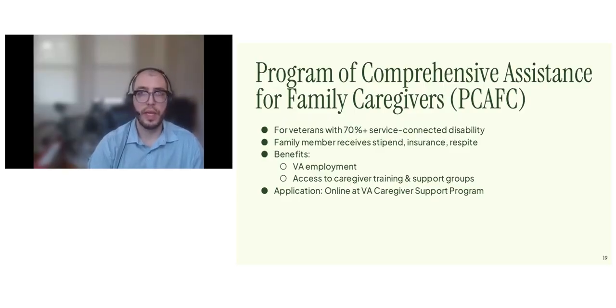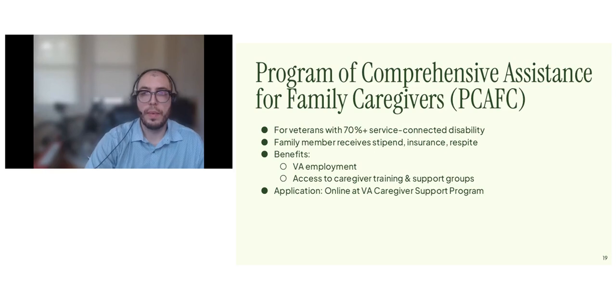And so that respite is then served by home care agencies in the community who are already contracted with the VA and with the third-party administrator. It allows for that family member to take some time to themselves, make sure that they are being responsible to themselves, which then ultimately allows them to be responsible to and for that veteran as best as possible. Families will have to apply directly online at the VA Caregiver Support Program links.